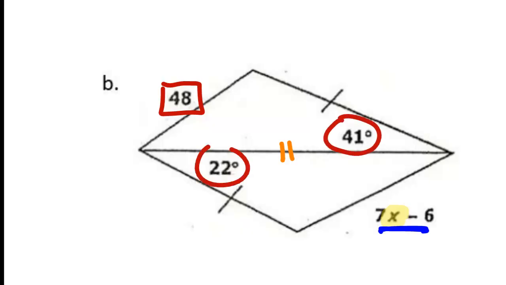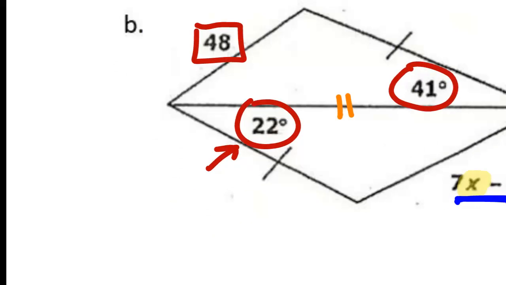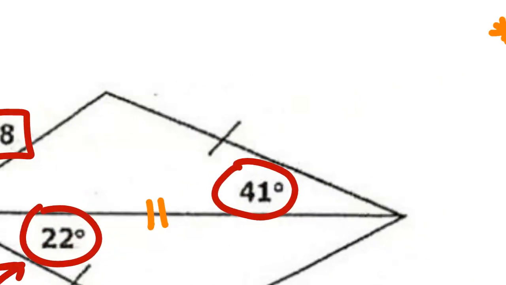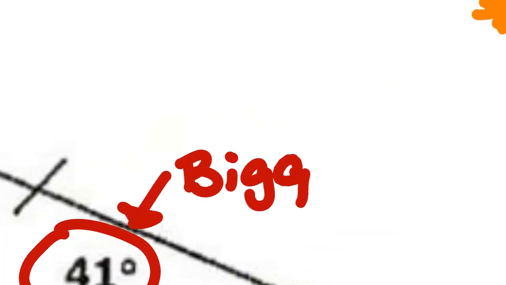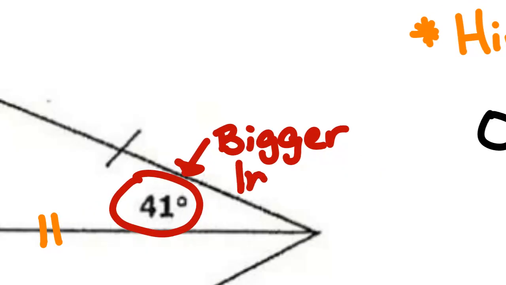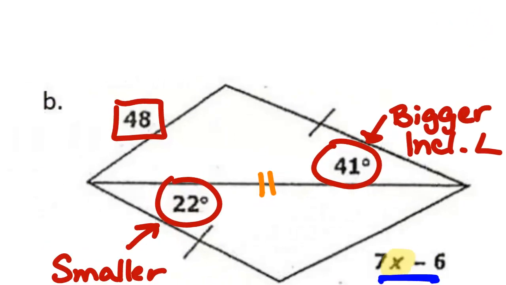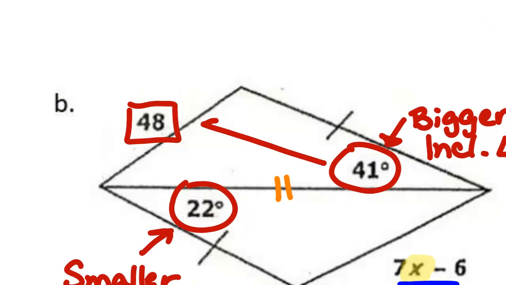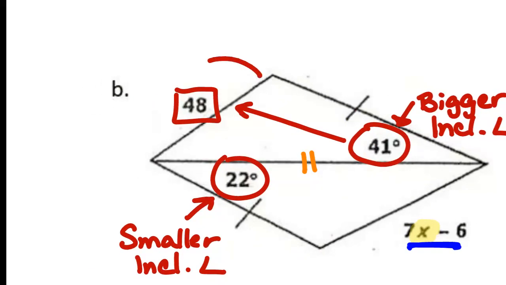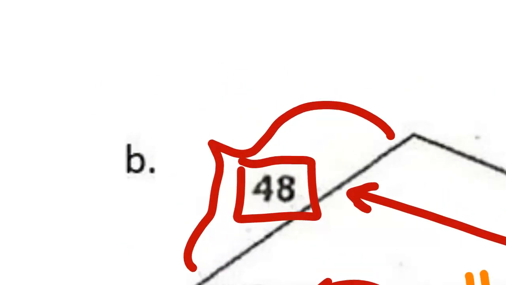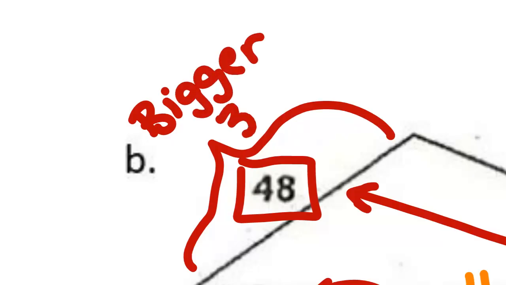Yes, 41 is bigger than 22. 22 is my smaller included angle. 41 degrees is the bigger included angle. Since 41 is opposite from this side that's 48, that means 48 is the bigger third side.